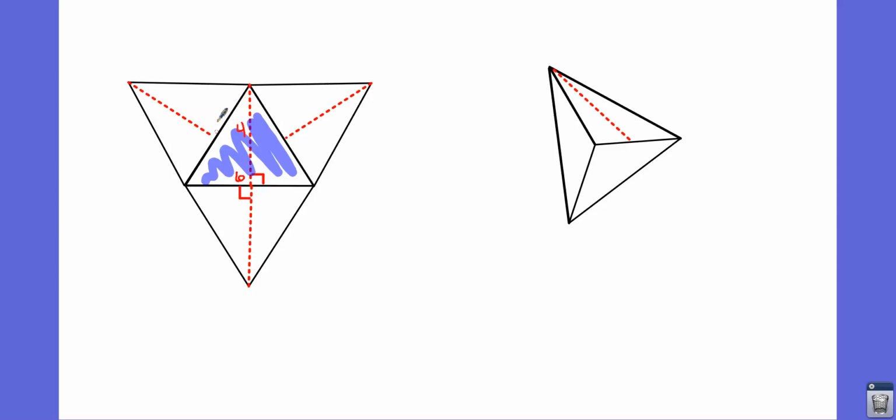And then let's do 5, 5. Okay. So let's go ahead and go through the same exact process.